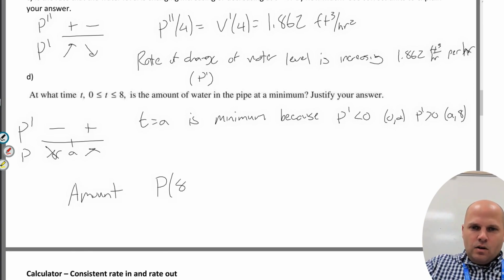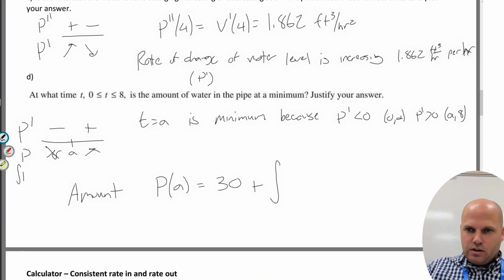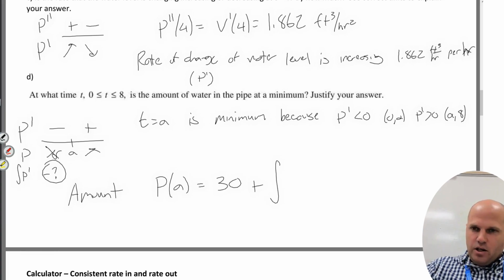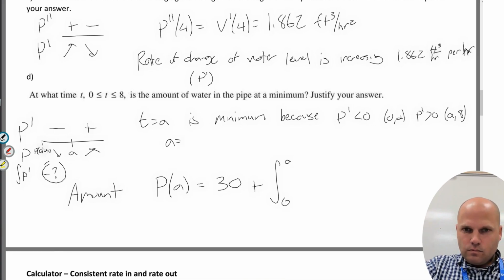Well, my total at A will be my initial amount of 30 plus, I can't take an antiderivative, so I'm going to accumulate my derivative from 0 to A to find out how much I decrease. So I'm going to find this number to figure out how much P decreases. And I know that I started with 30. And then I'm going to subtract this amount. So 0 to A, I got to write down what A is. 3.27166.